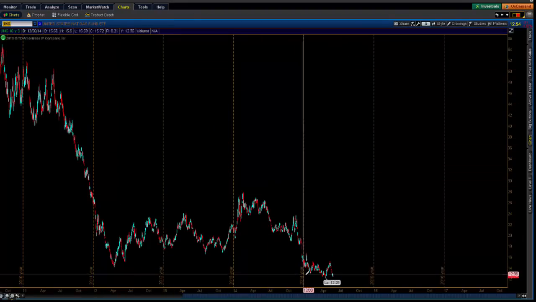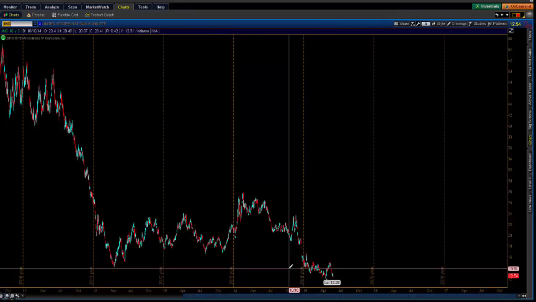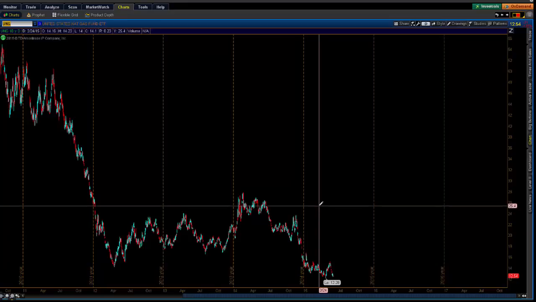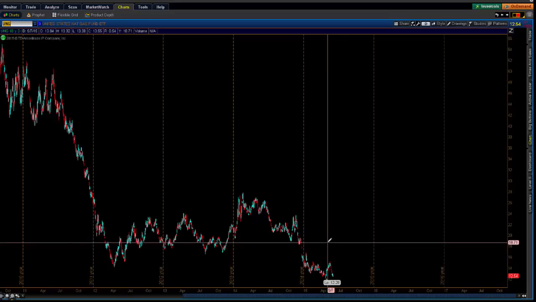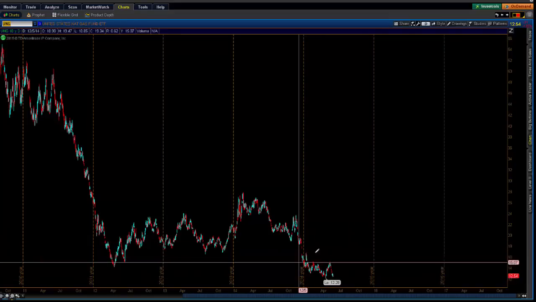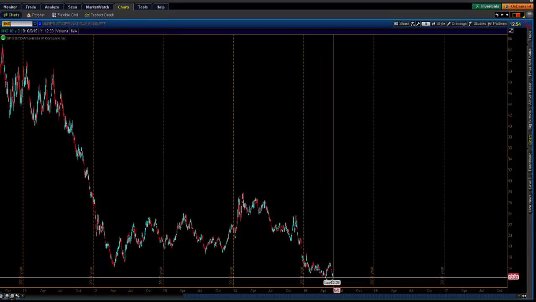This would be a lot more financially accommodating. I'd rather be trading this instead of the futures, or if you're investing, whatever your thesis is, UNG instead of futures.